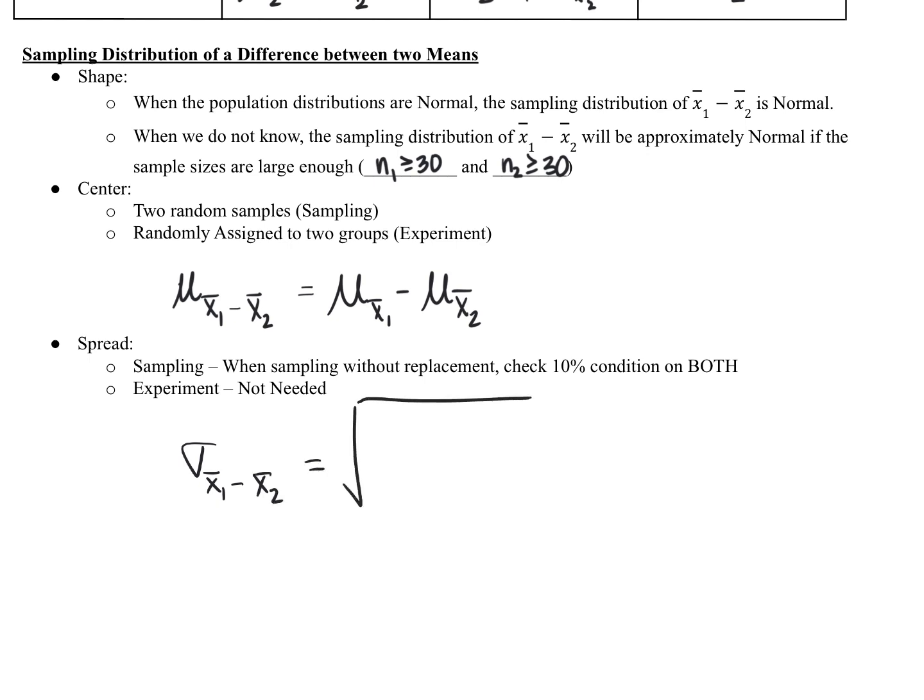So I'm going to have the square root of the standard deviation of population 1 squared over n1 plus standard deviation of population 2 squared over its n. It's very similar to when we were looking in section 1 and we squared our standard deviations, added them, and took the square root. But this time, because we aren't looking at 1, we have to account for the sample sizes.